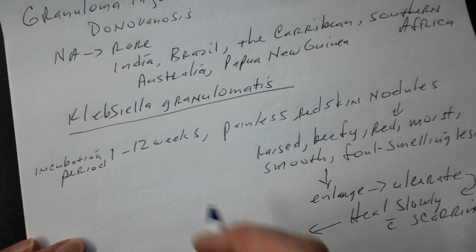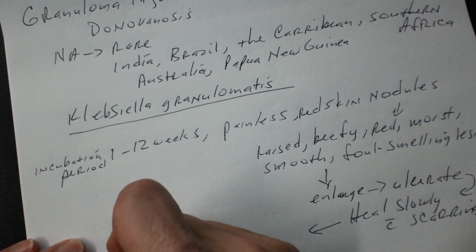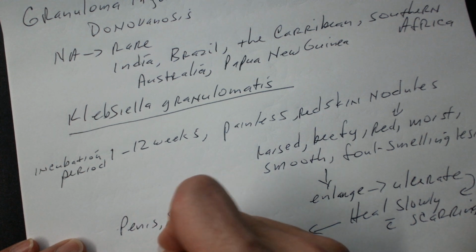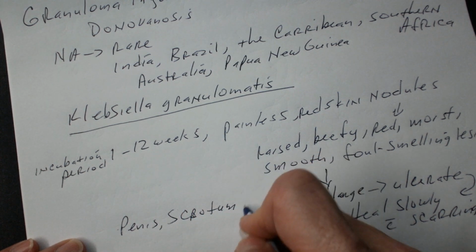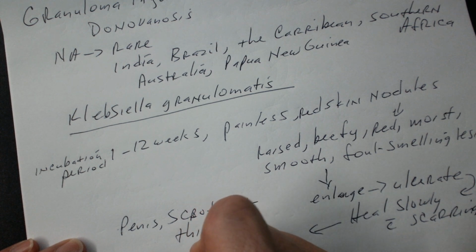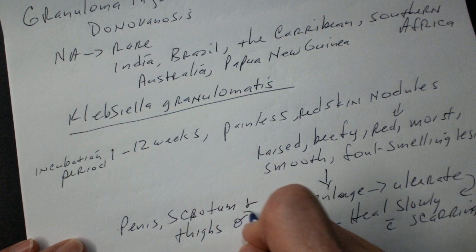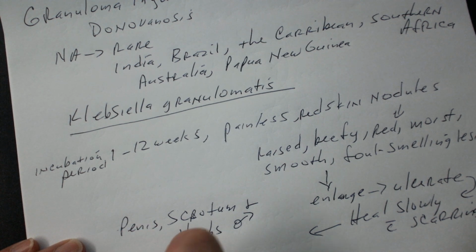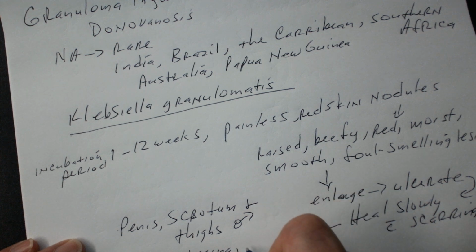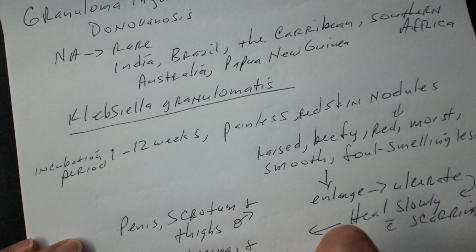Most common sites of infection would be the penis, scrotum, and the thighs. That'd be the case in men. Females would be the vulva, birth canal, and the perineum. That'd be the case in women.